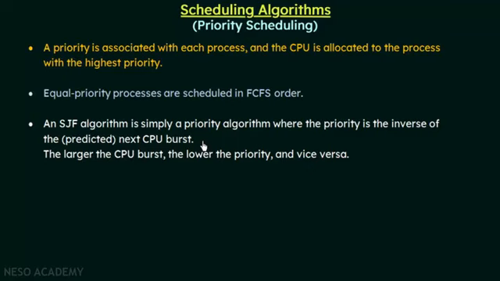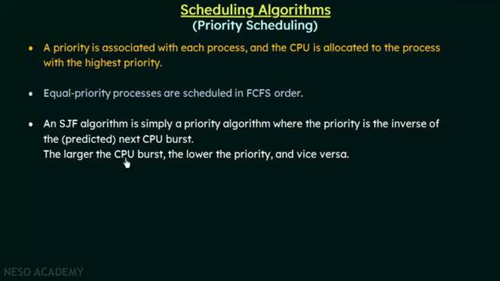So the predicted next CPU burst is the factor that determines the priority in this scheduling algorithm. What do we mean by saying that priority is the inverse of the predicted next CPU burst? When the CPU burst is large, the priority is low, because a process having the shortest CPU burst will be the first one to get the CPU, so that process will be of higher priority.